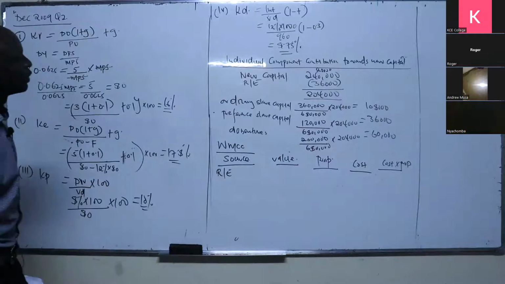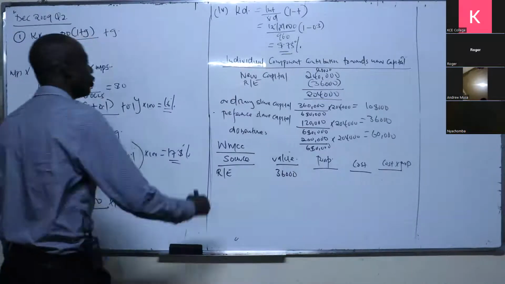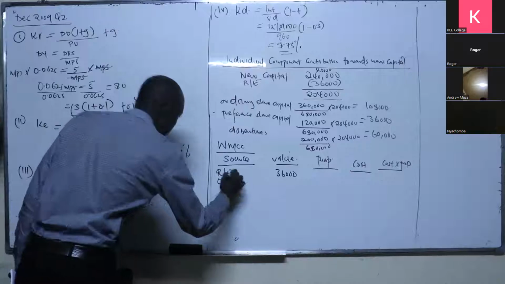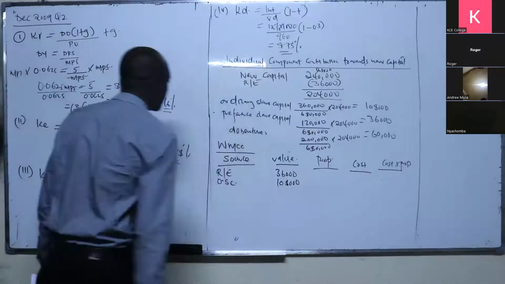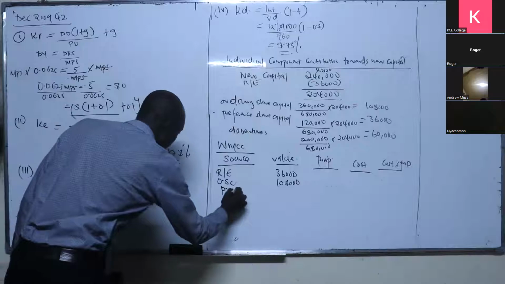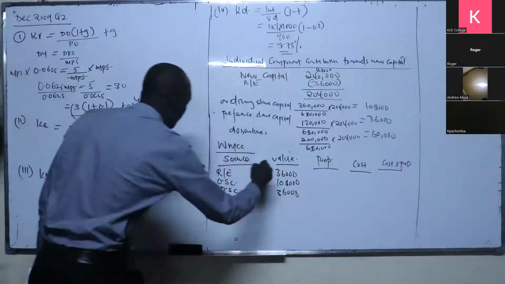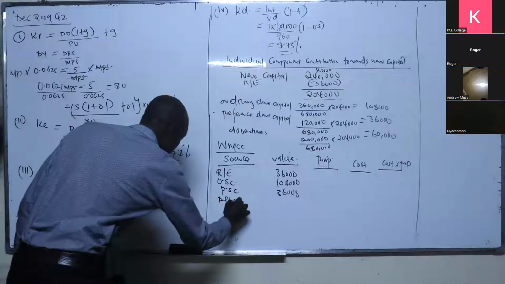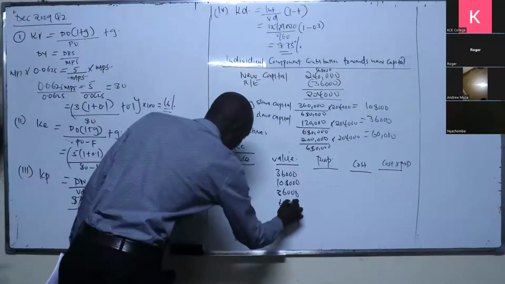So the retained earnings, how much? 36,000. And then we have ordinary share capital, which is 108,000. Then we have preference share capital, which is 36,000. Then we have debentures. Debentures is how much? 60.